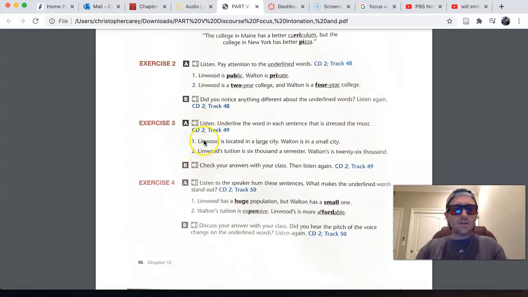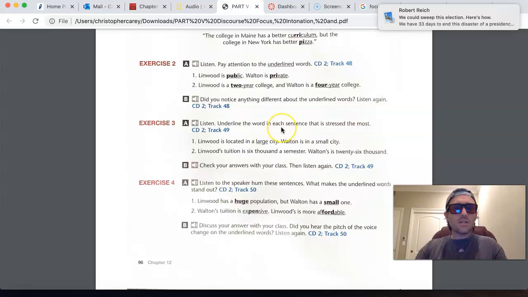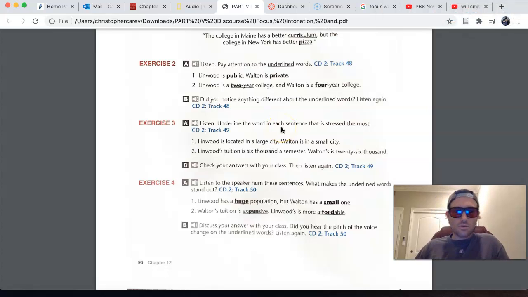All right, let's listen for exercise 3. I want you to underline the word in each sentence that you think is stressed the most, that has a vowel sound that's long, a vowel sound that's a bit louder in pitch than the other vowel sounds of the other words.